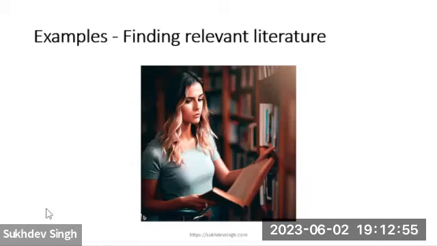So I was talking about how we will start with the first portion, and that is we will see some tools to find relevant literature. Earlier, you know that we always used PubMed as our starting point.